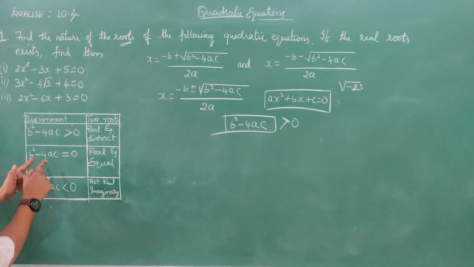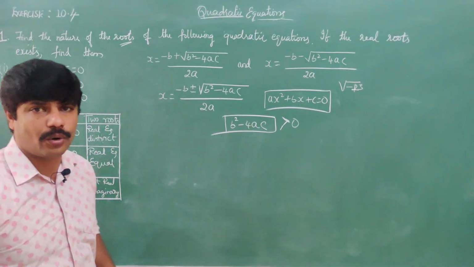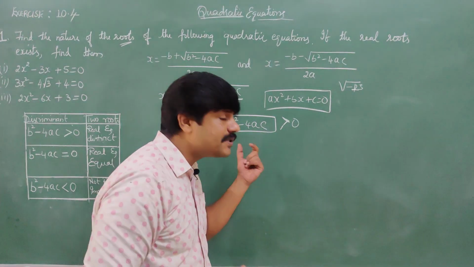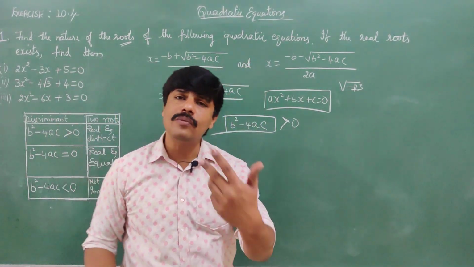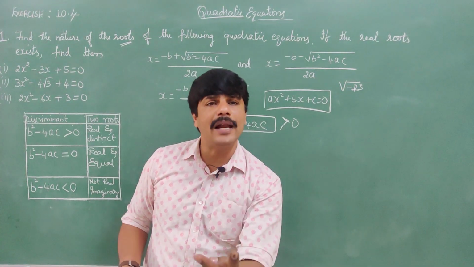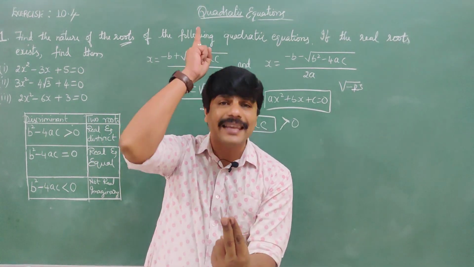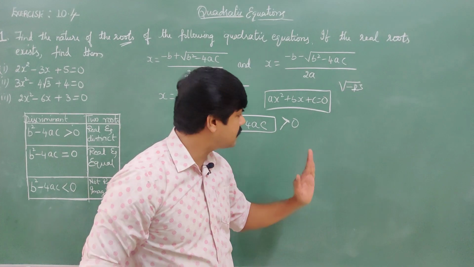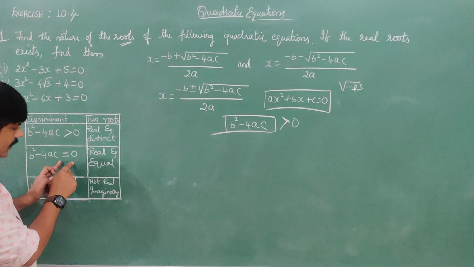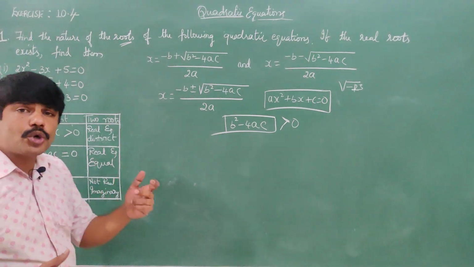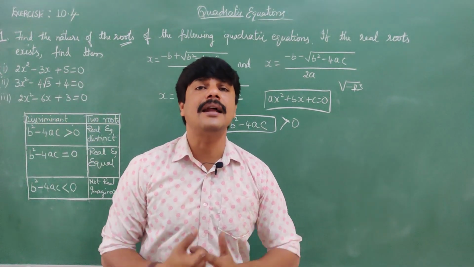If b square minus 4ac is equal to 0, then the quadratic equation will have two values, but these two values are the same or equal, and real. If b square minus 4ac is equal to 0, then the two roots you get are real.